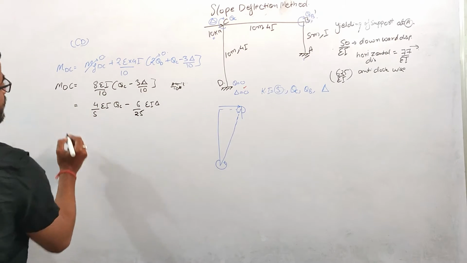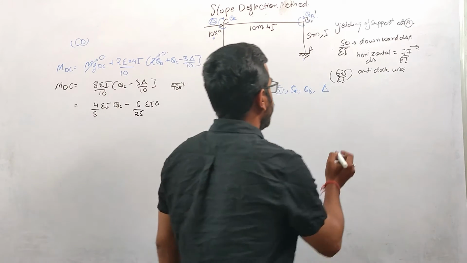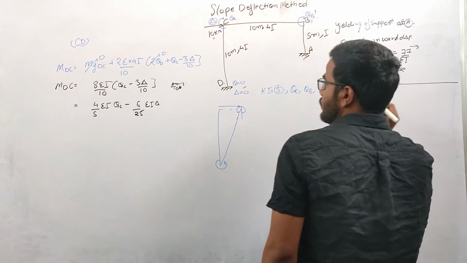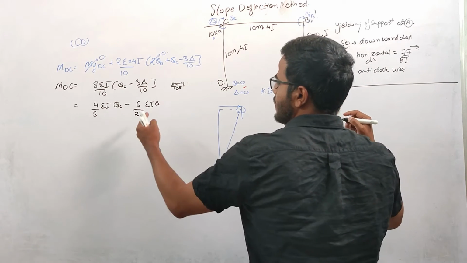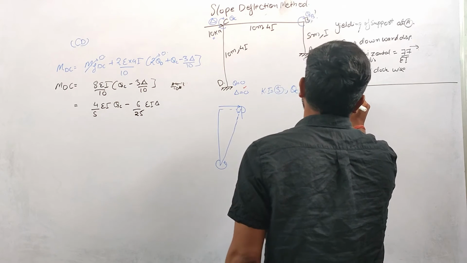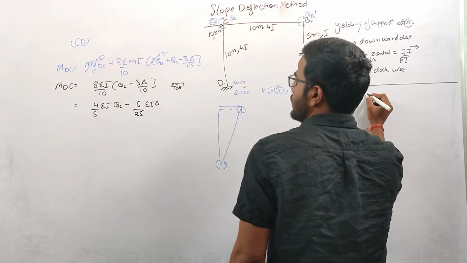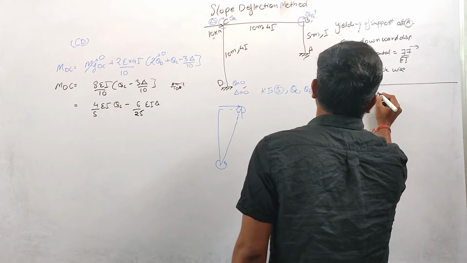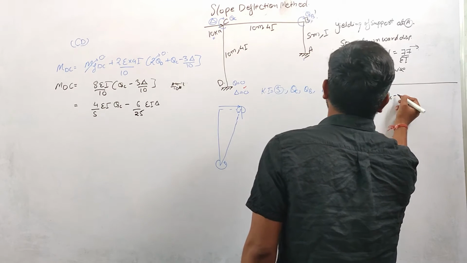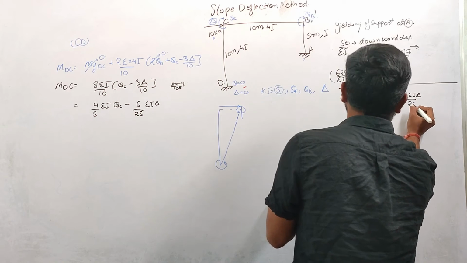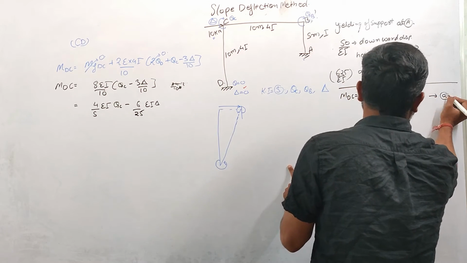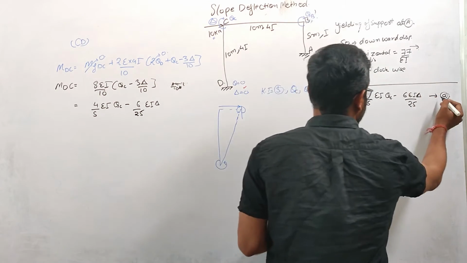So we can write this over here. This will be our first equation, or you can say the first force-displacement relationship. MDC equals 4 by 5 EI theta C minus 6 EI delta over 25. I can give this the name equation A.